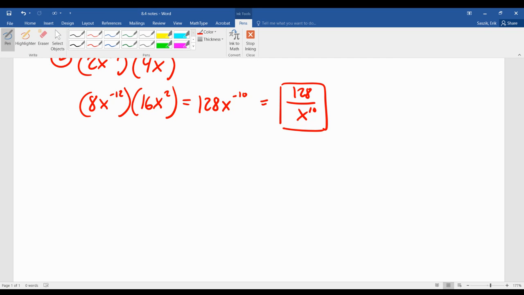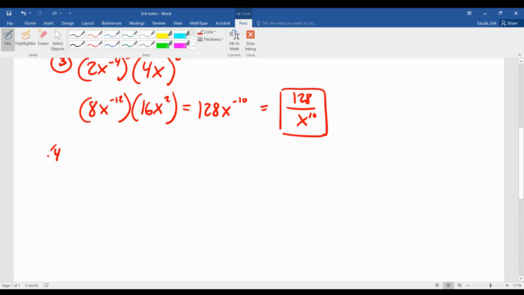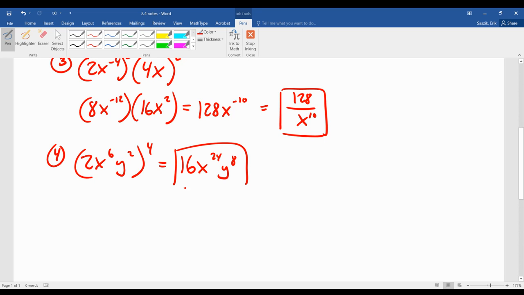Hopefully this is making some sense. What number are we up to here? Two x to the 6th, y squared to the 4th. Again, apply this to everything inside. 2 to the 4th, 2 times 2 times 2 times 2. Multiply the powers. And you're done.